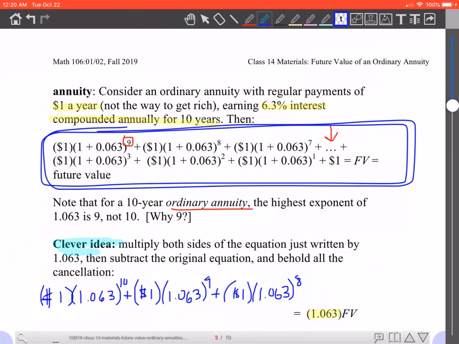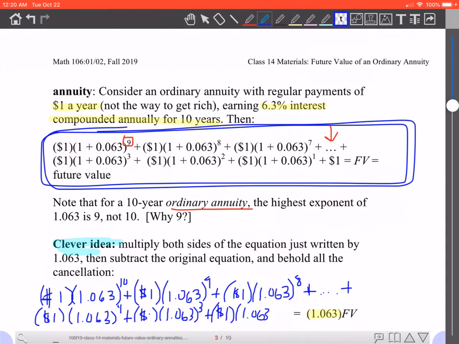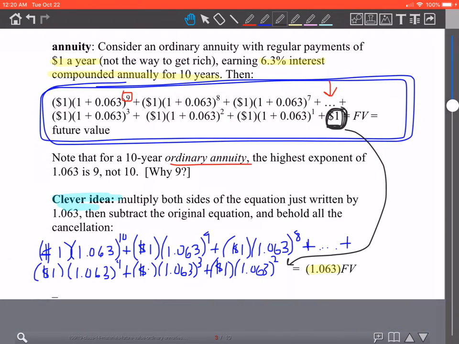We skipped a few, dot, dot, dot. $1, 1.063, that is now to the 4th power. $1, 1.063 to the 3rd power. $1, 1.063 to the 2nd power, and even that last term, which I'm going to highlight in a different color, even this last term here will be multiplied by 1.063.